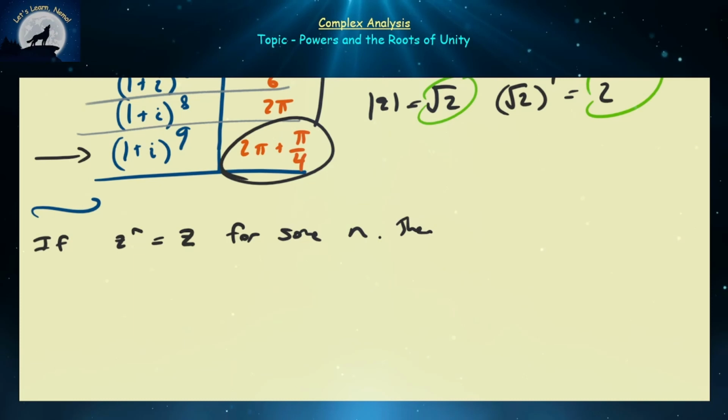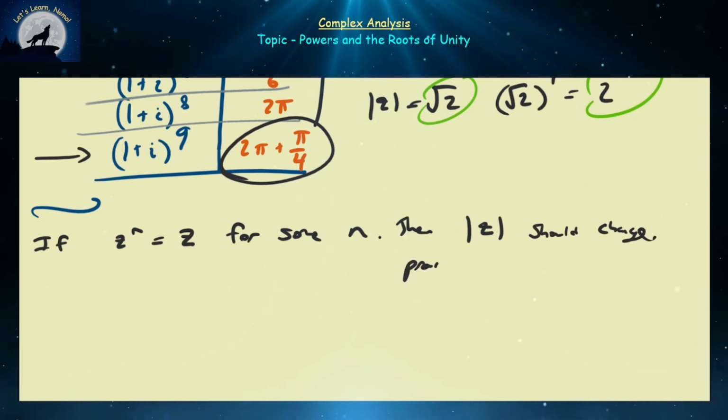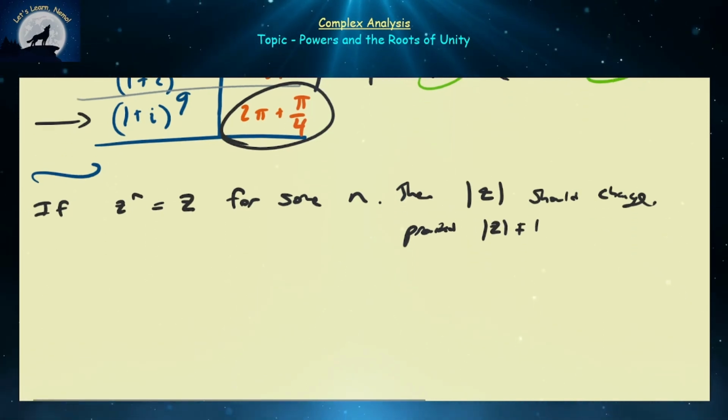Then what can you tell me about the norm of z? So if this is true for some n, then the norm of z should change, right? It should get larger, right? Provided that z is not equal to 1, right?